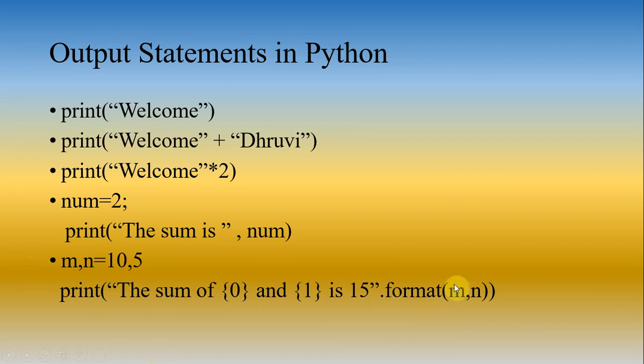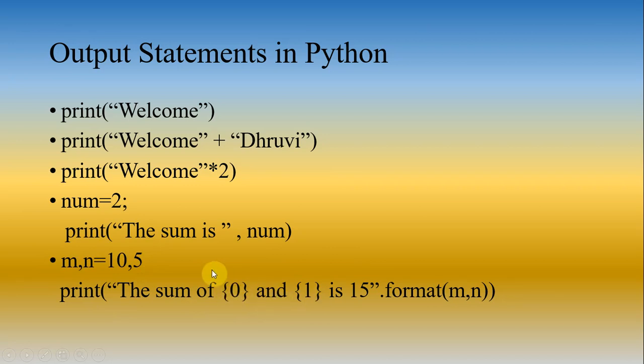So if you see such a question where something like this is asked, or whatever is related to format is asked, so what it does is basically I have taken two variables m comma n is equal to 10 comma 5, which means the value of m is 10 and n is 5, and we are basically printing the sum of m and n, but not by directly using m and n, but by using their indexes.